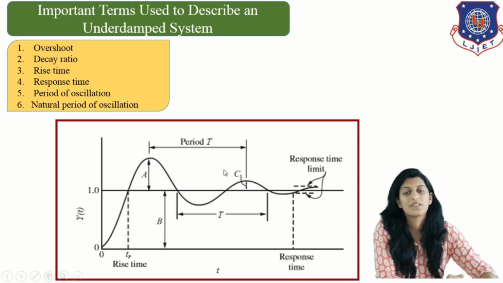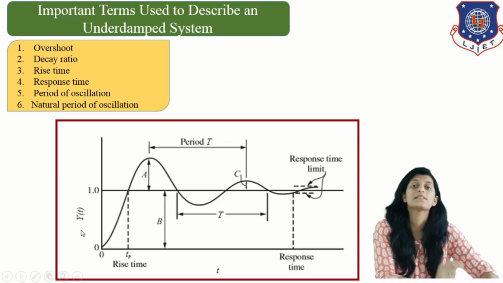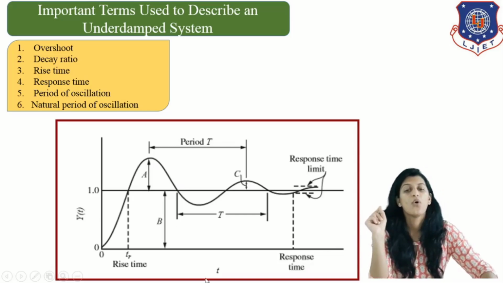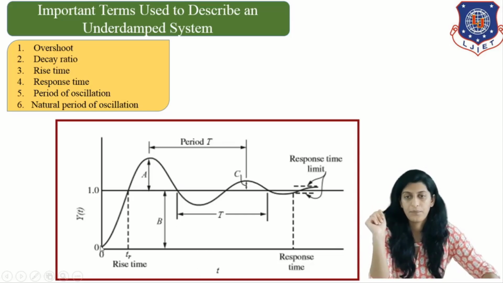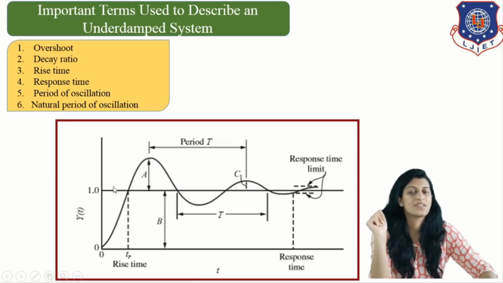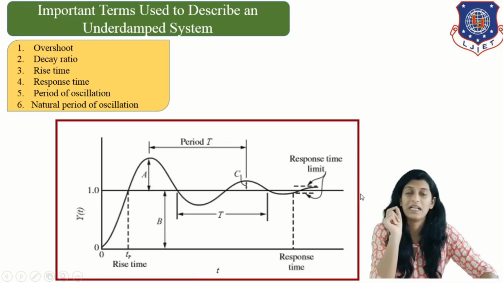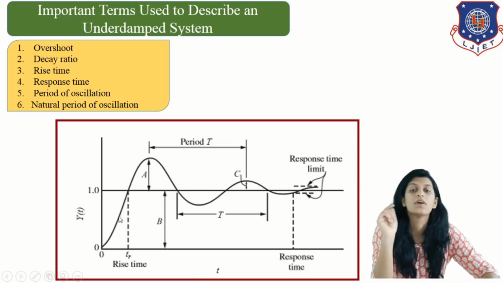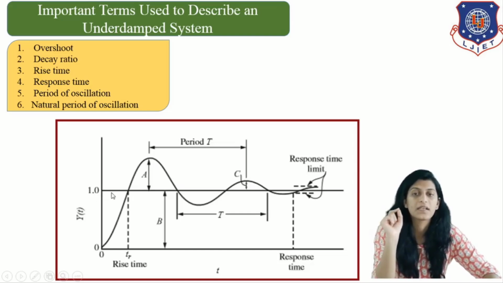So, this graph represents the output given by a second order system with respect to time. As you can see here, 1.0 is the ultimate value. Ultimate value refers to our desired output. This is the limit which we need to reach, right.